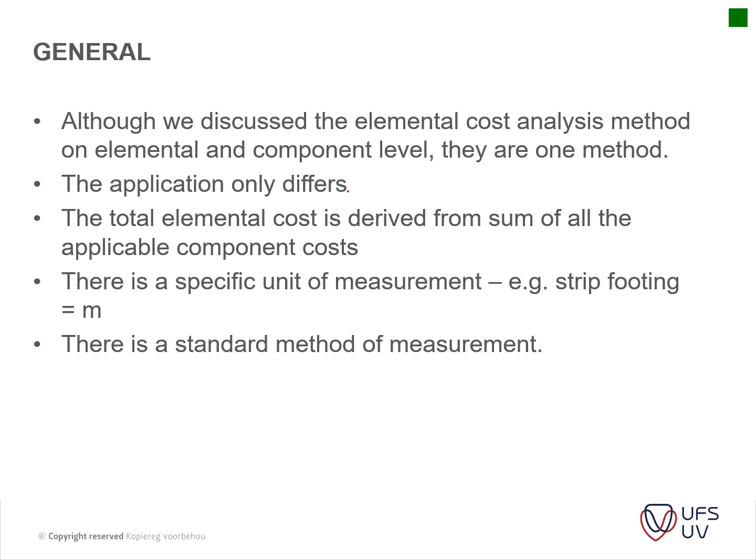Okay, so the total elemental cost is derived from the sum of all the applicable components. There are specific units for measurement, e.g. our strip footing is measured in meters. So we'll still get into how this works, but basically these meters are then broken down further in our bills of quantities into cubes, and then this specific item.